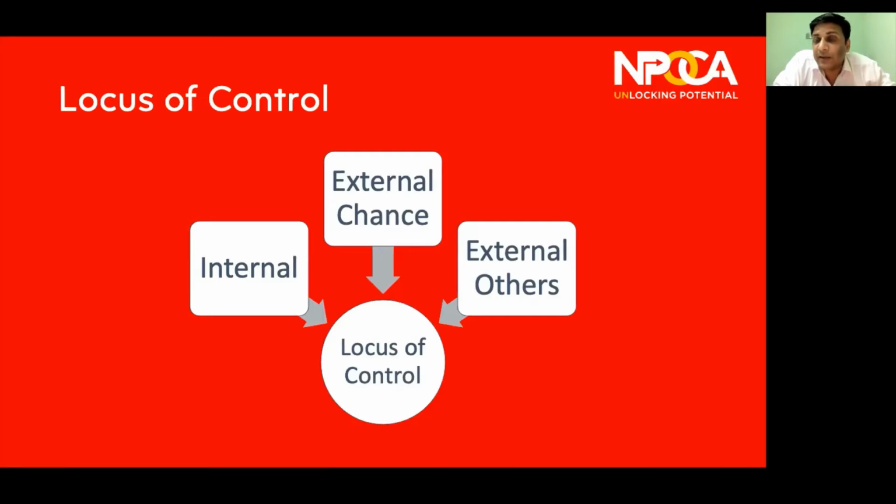And the third category of people who also have an external locus of control are those who believe in luck. When I went to a management school and we were discussing performance, none of us refuted that there is always an element of luck. But luck is not the primary factor which makes me successful.